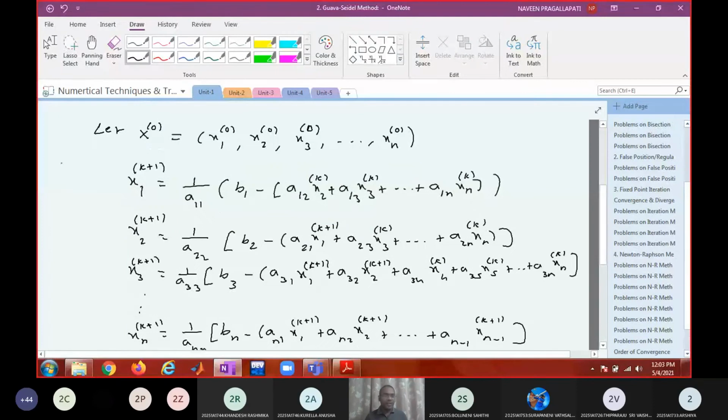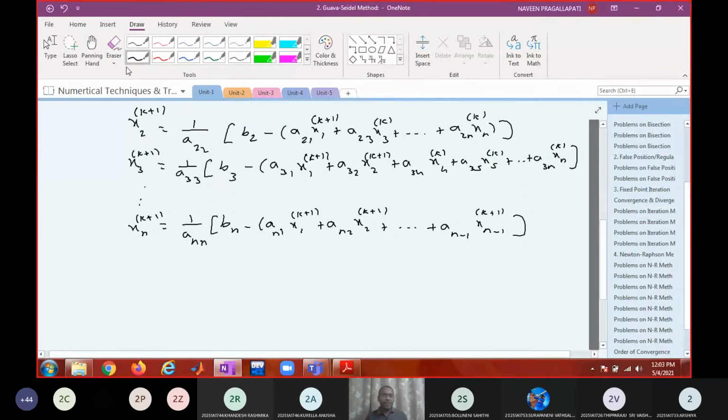You may write the iteration formula, with the initial approximation. What is the note I am telling?